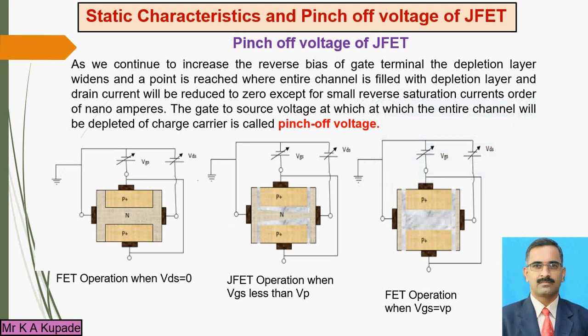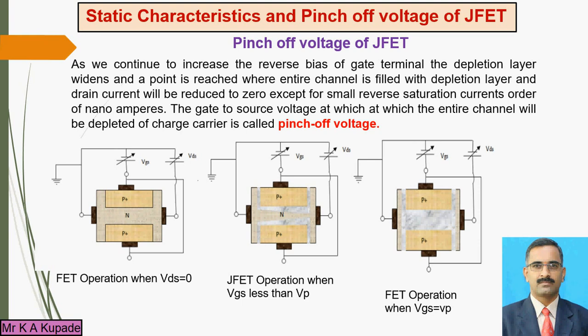See, the first figure is shown in this slide. Here, if I am not applying VDS, the drain to source voltage, and initially I have not applied the gate voltage either, the depletion region of that junction in the N channel bar is shown here as it is. That means current can pass through. Suppose I increase VDS slowly while keeping VGS at zero.